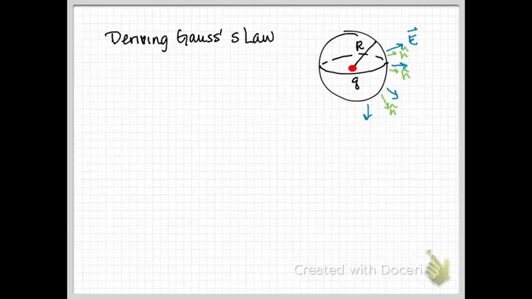Okay, let's talk about where Gauss's law comes from and show you why it works the way it does. So imagine we have a charge Q, and we have a sphere around it, a nice hollow sphere with a radius r. You can see that the electric field coming out of the charge is going to go out through the sphere perpendicularly, and those little normal vectors that we use to represent the area vector are going to be in the same direction everywhere on the sphere.